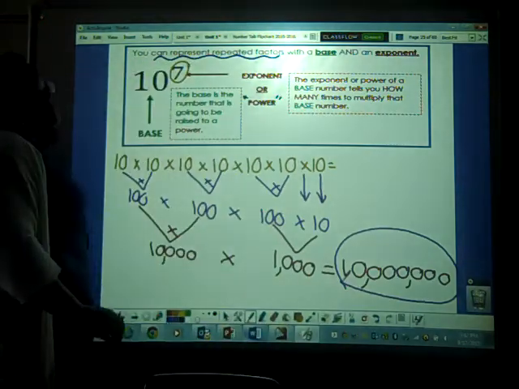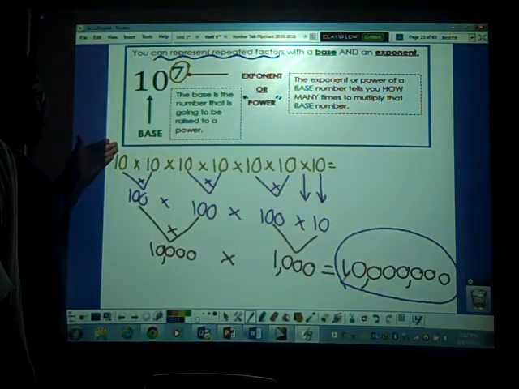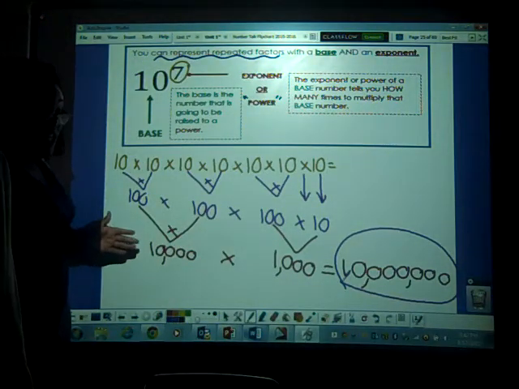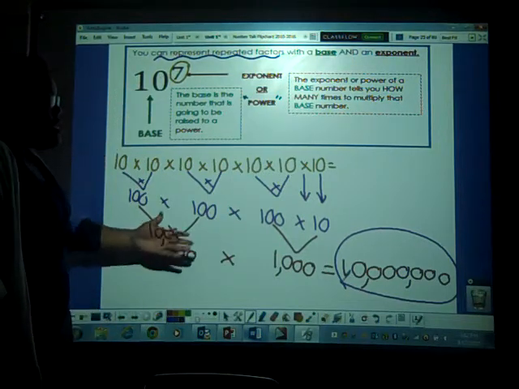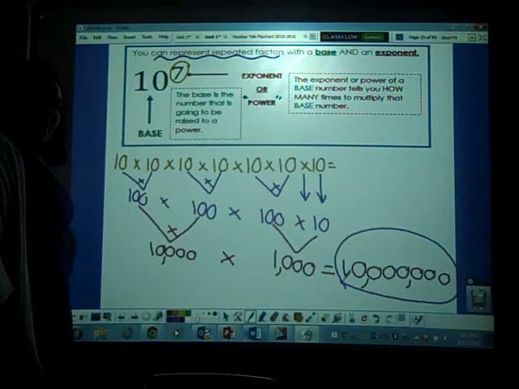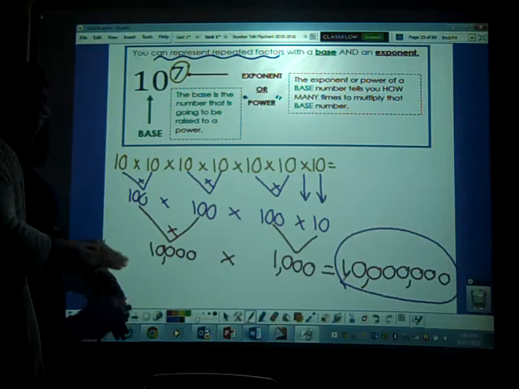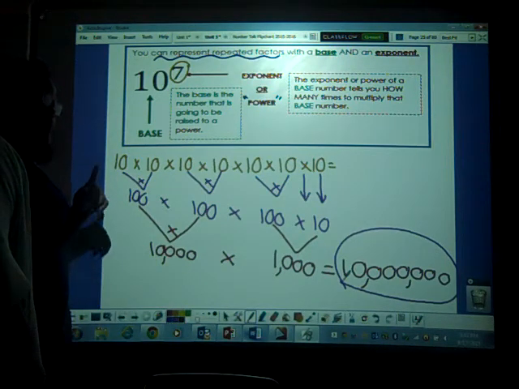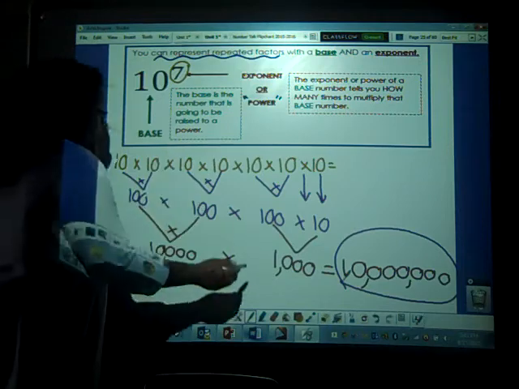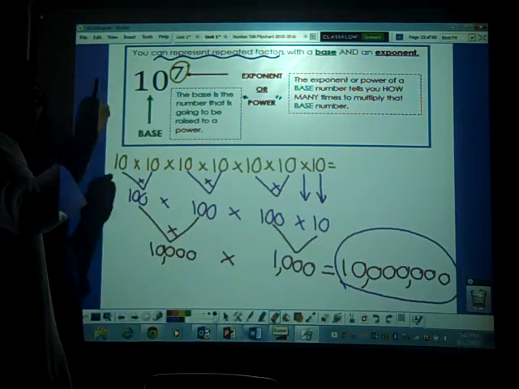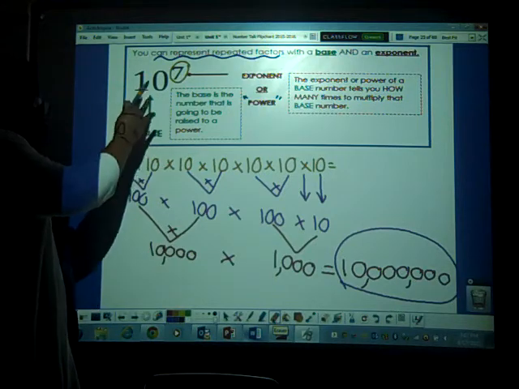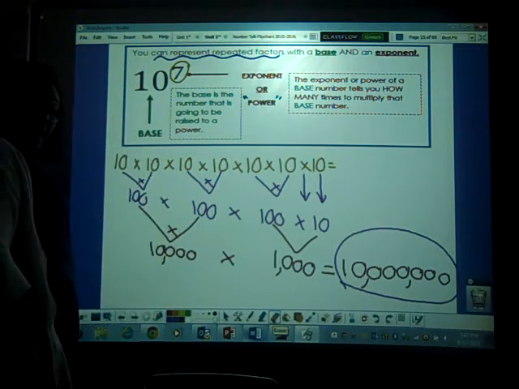10 million. You see all of that time that we took just to evaluate and see what 10 to the 7th power represents? 10 million? That took some time. You don't want to waste that time, do you? No, sorry, bye. So let me show you how to take the precise but quicker route to evaluating the powers of 10, okay?